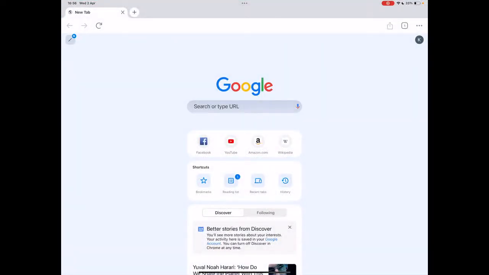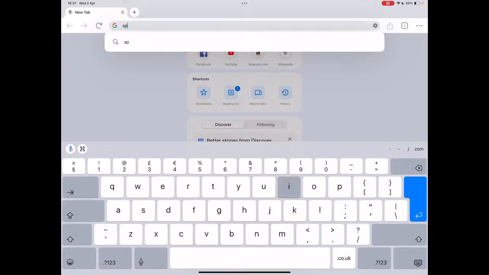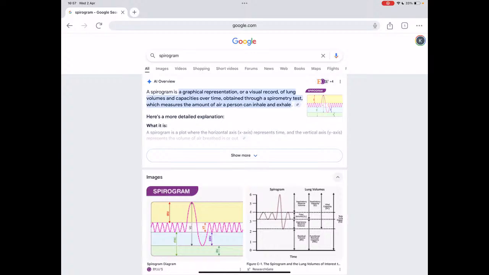So, Google. Ready when you are. Spirogram, right? Exactly. We're looking into spirogram.